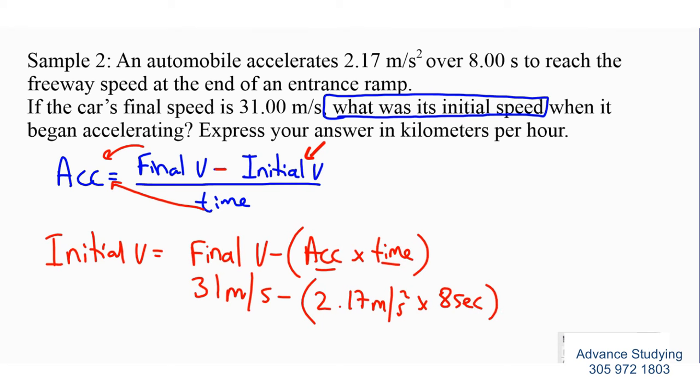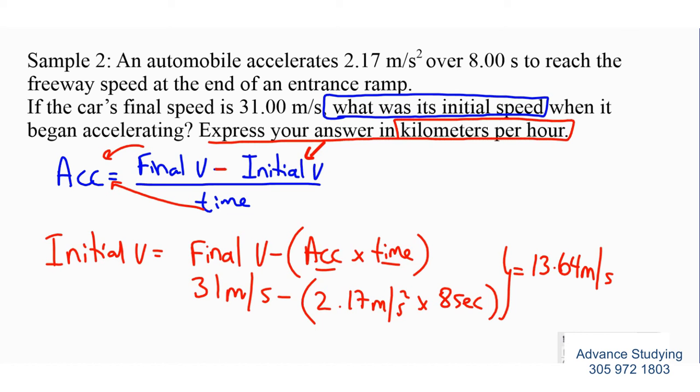Place the video on pause and work out this problem. Here's what I got. The answer that I got is 13.64 meters per second. But wait, the question says express your answer in kilometers per hour.